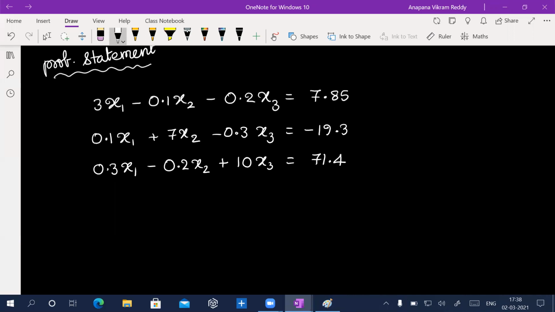So we have 3 equations with 3 unknowns. I have 3 unknowns here, and those are x1, x2, x3, and now we need to find these.